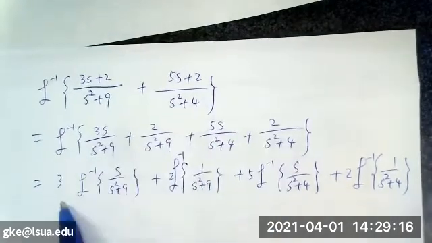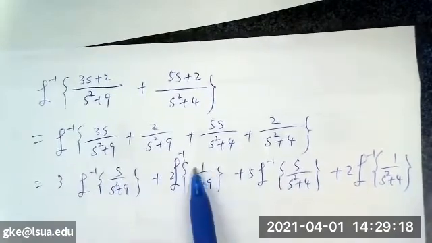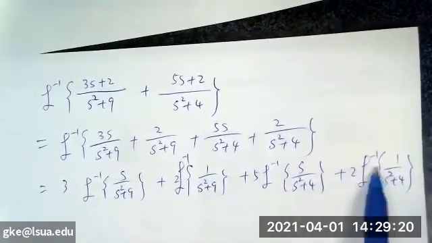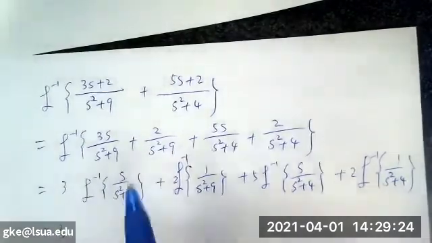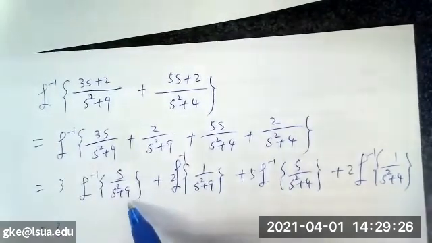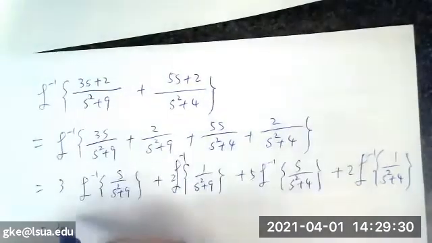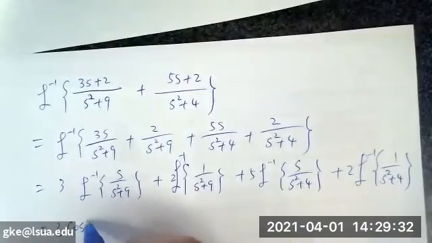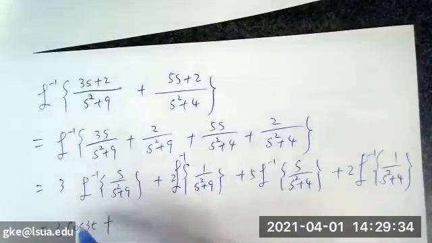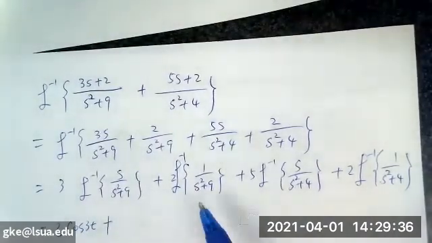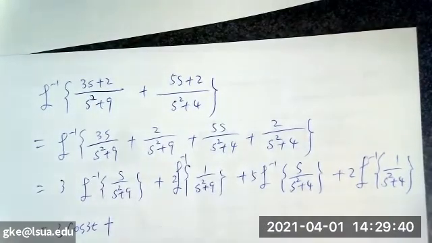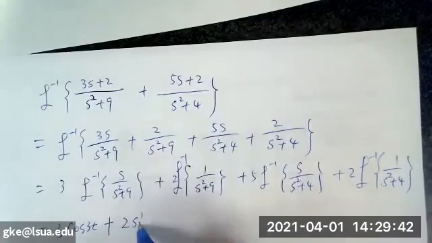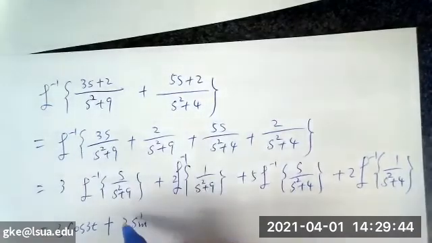If there's a constant, you can put the constant outside. Okay, constant outside. And for the first term, we know the k squared, k is 3, right? So we use cosine 3t. And for the second term, of course, 9 is 3 squared, right? So it's sine 3t.